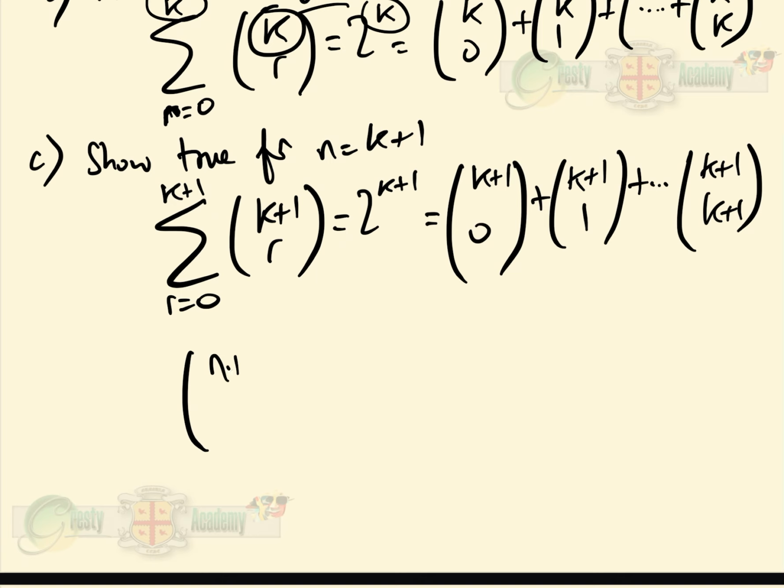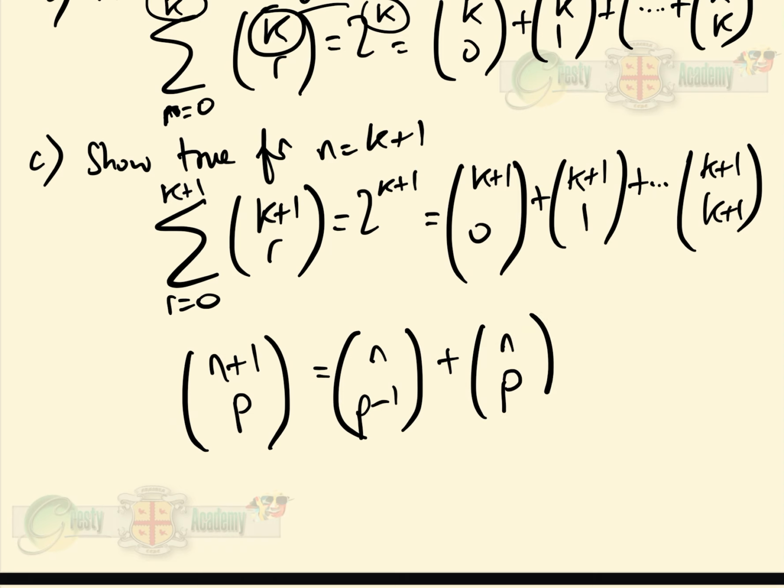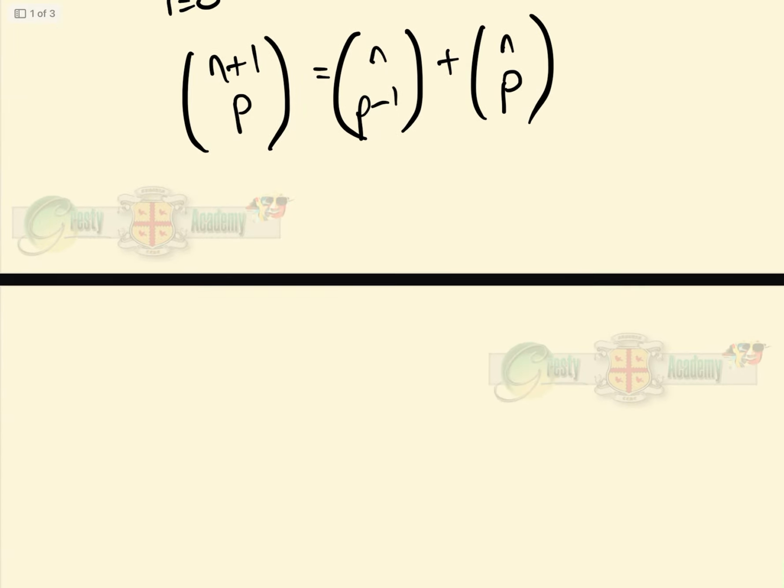And Pascal's identity says that n plus 1 p equals n p minus 1 add n p. And again, for those so interested, I will prove at the end of this video how we know that is correct.